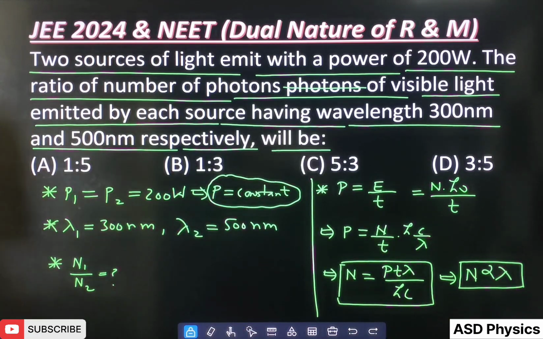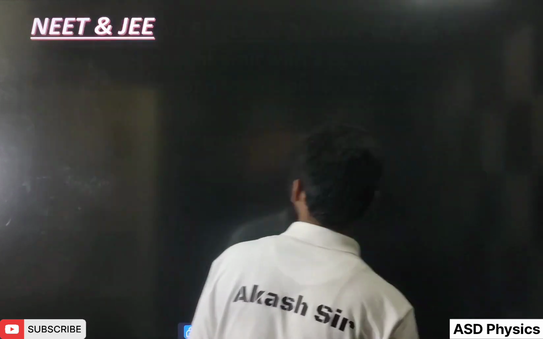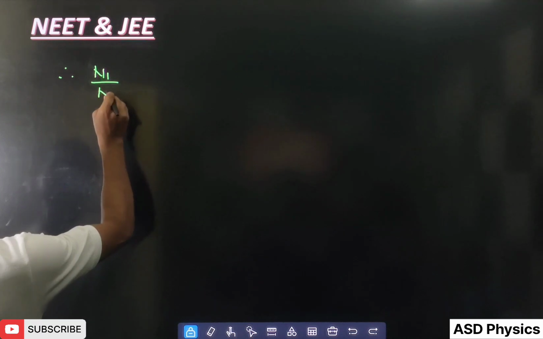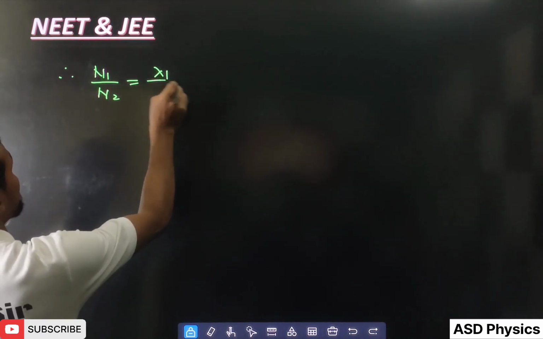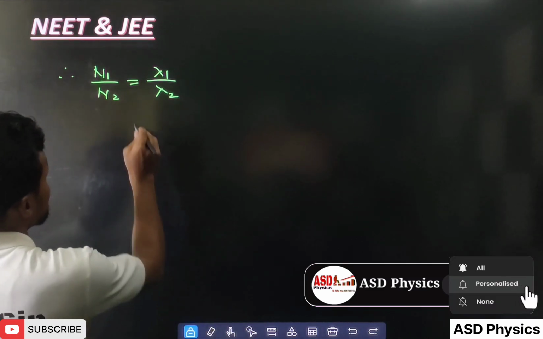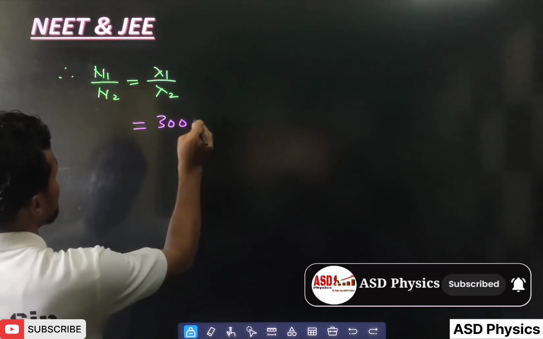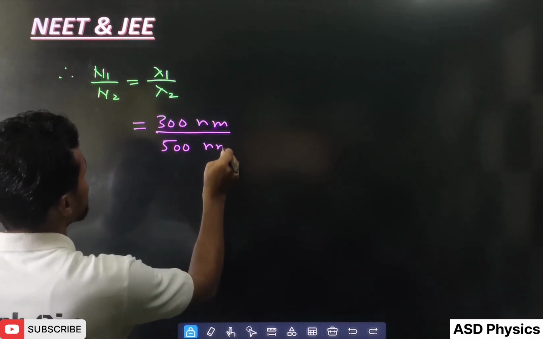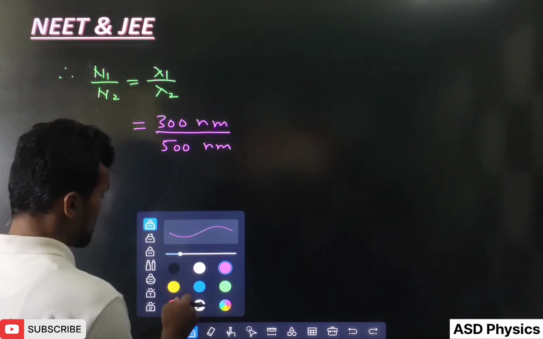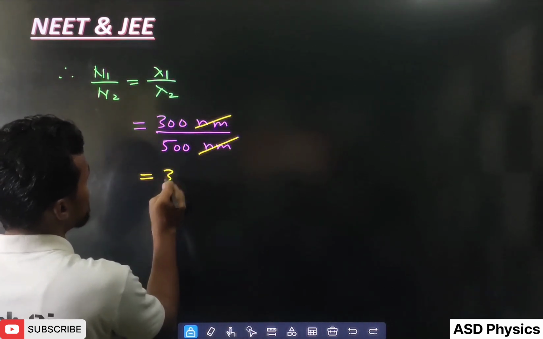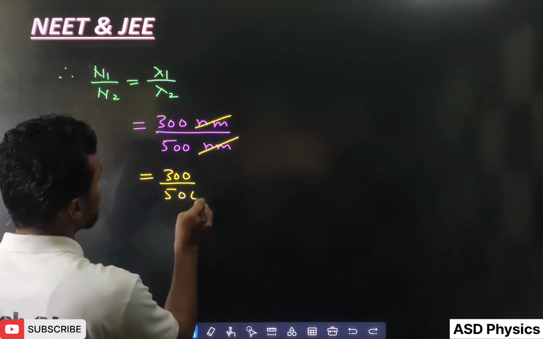Hence n1 by n2 will be lambda 1 by lambda 2, that is 300 nanometer by 500 nanometer. The nanometer units cancel out, and it will be 300 by 500.